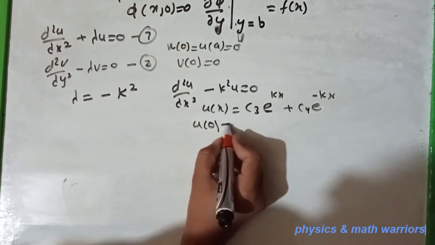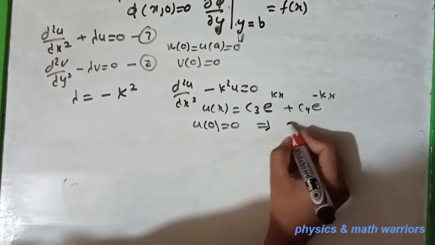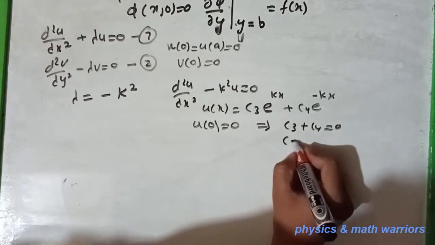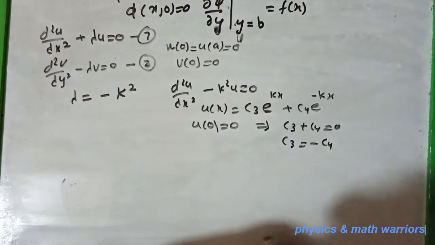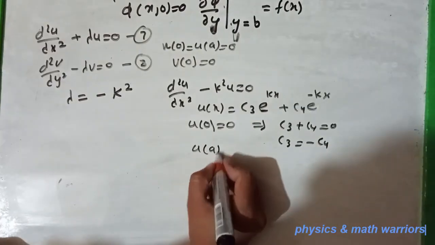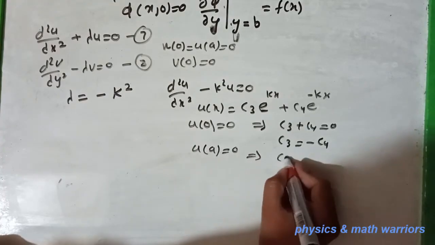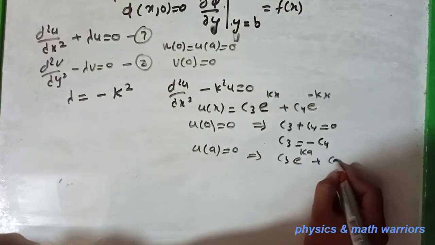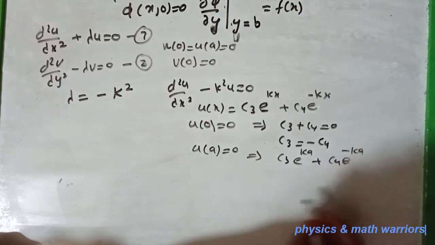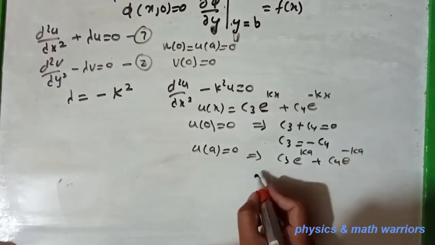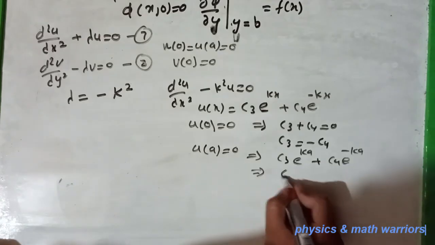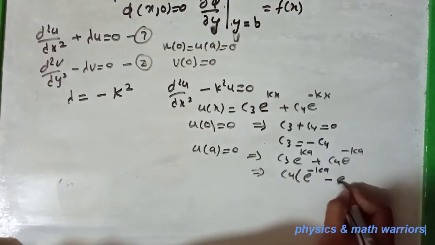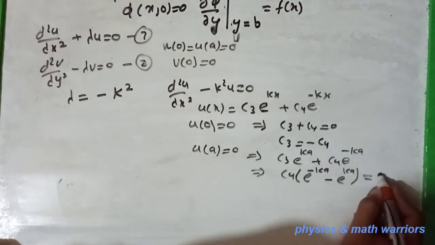u of 0 is equal to 0 implies c3 plus c4 is equal to 0, and c3 is equal to minus c4. And u of a is equal to 0 implies c3 exponent ka plus c4 exponent minus ka, and c3 is equal to minus c4, so this becomes c4 multiplied by exponent minus ka minus exponent ka is equal to 0.